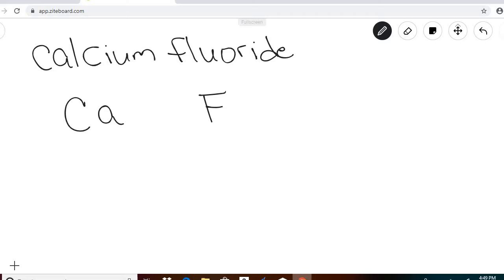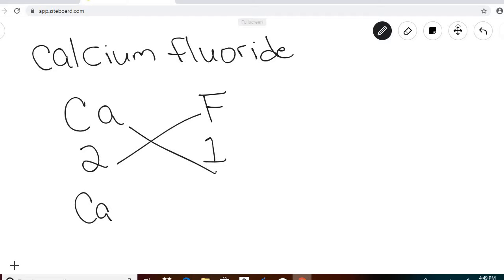Calcium is in group 2A, so it has 2 valence electrons to give away. Fluorine is in group 7A, so it will gain 1 valence electron. So we'll switch these charges and it will be Ca1, which we don't write the 1, F2. That would be calcium fluoride.